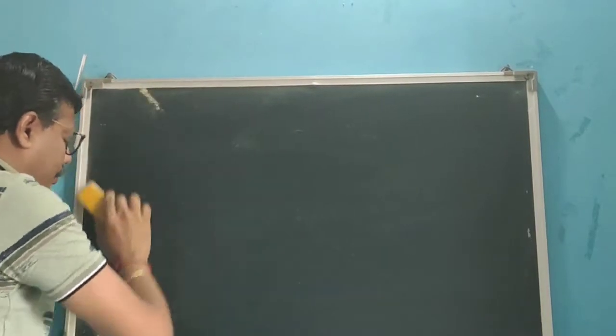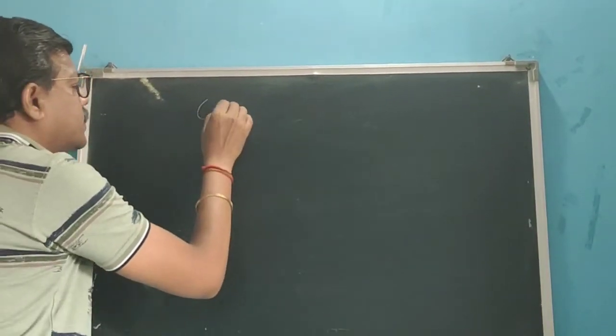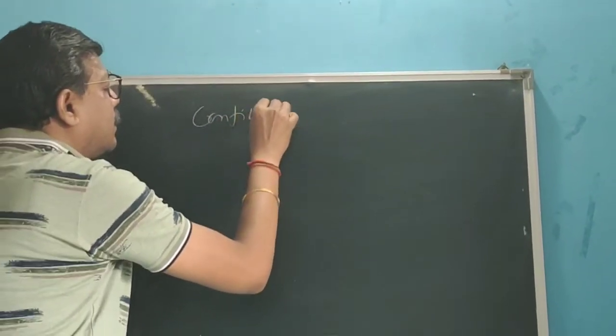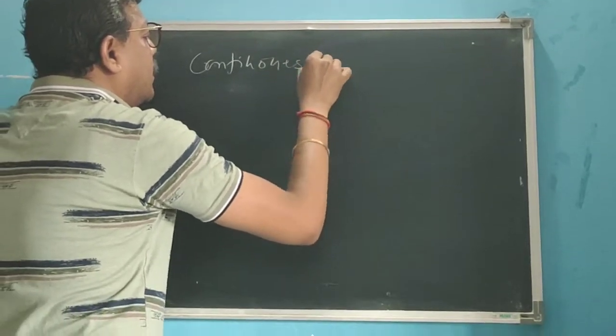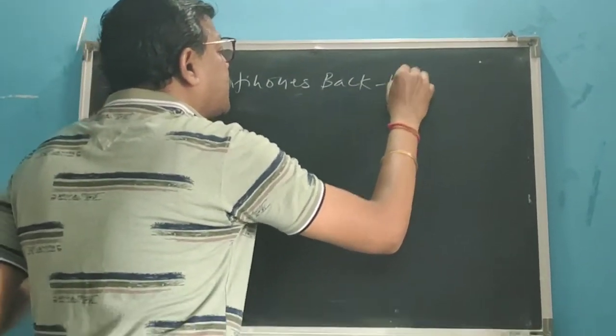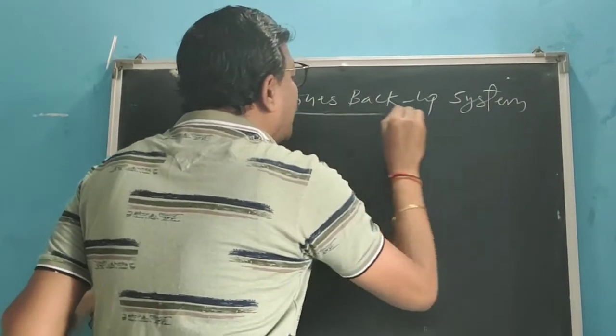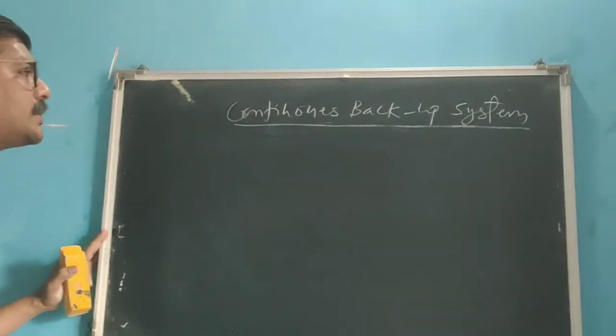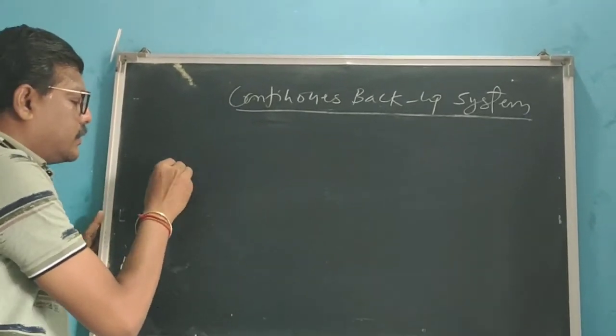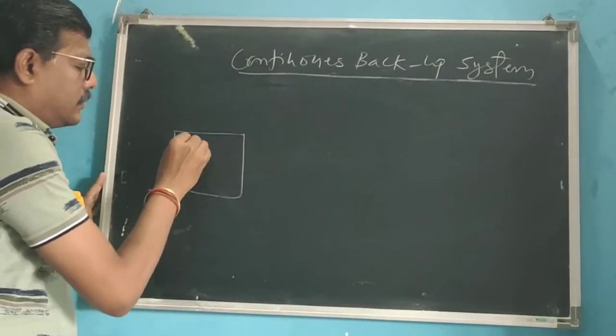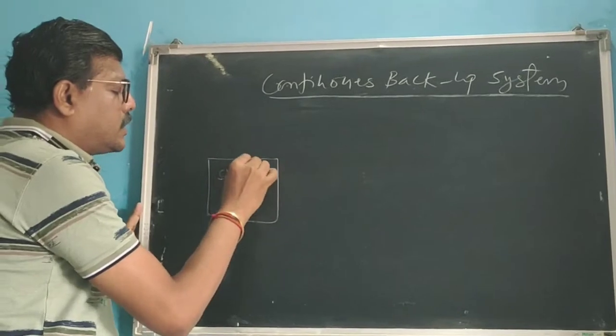And one more type of the UPS system is called the continuous backup system. In the continuous backup system, what happens? This is the static switch.